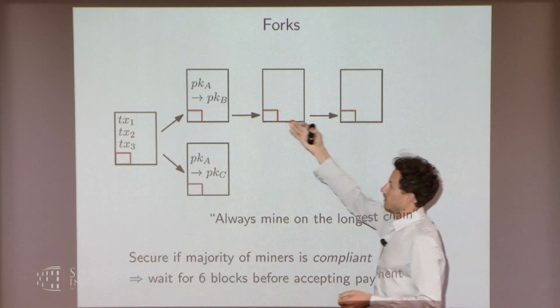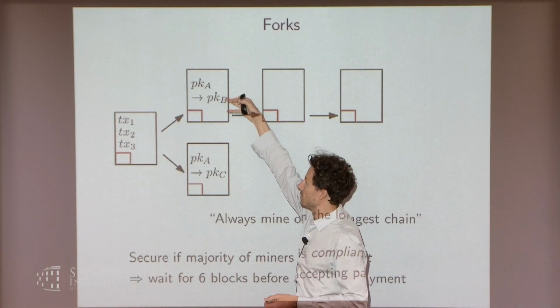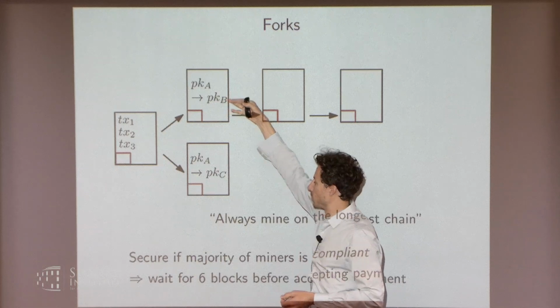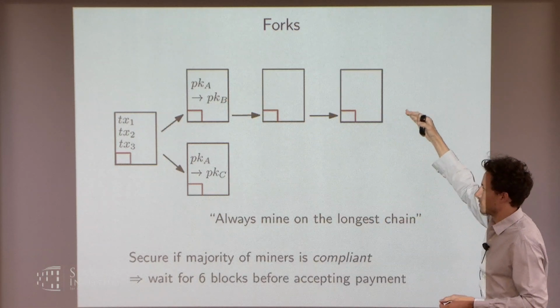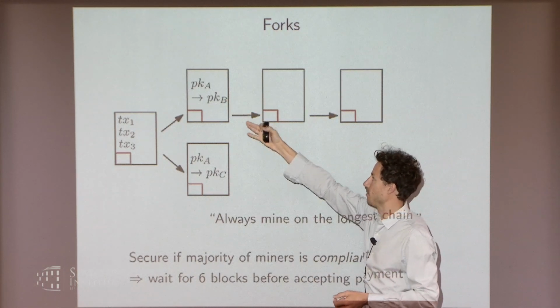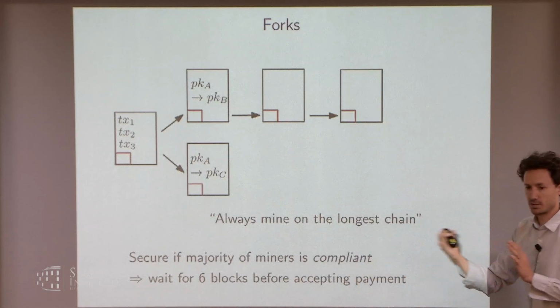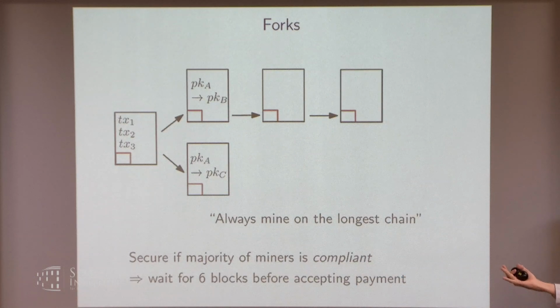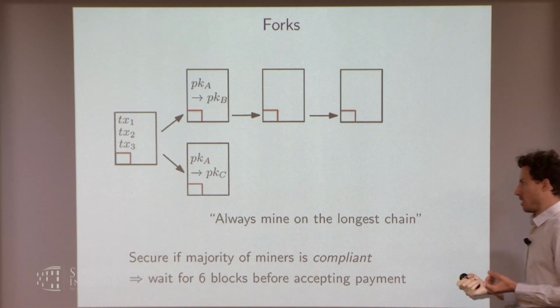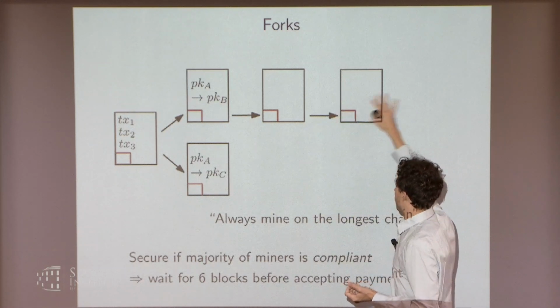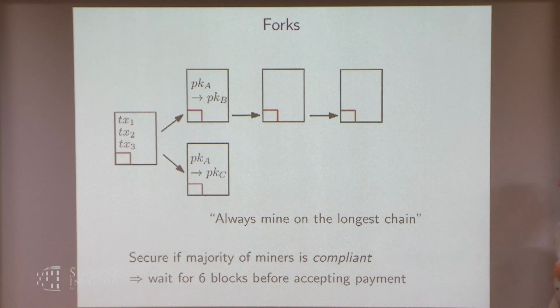She could buy a car and pay Bob. Bob will then, because the protocol specifies so, not immediately hand over the car, but wait 6 blocks, which is the time that Bitcoin recommends that you wait until you consider a transaction to be settled. And after 6 blocks, he will hand Alice the keys to her new car.